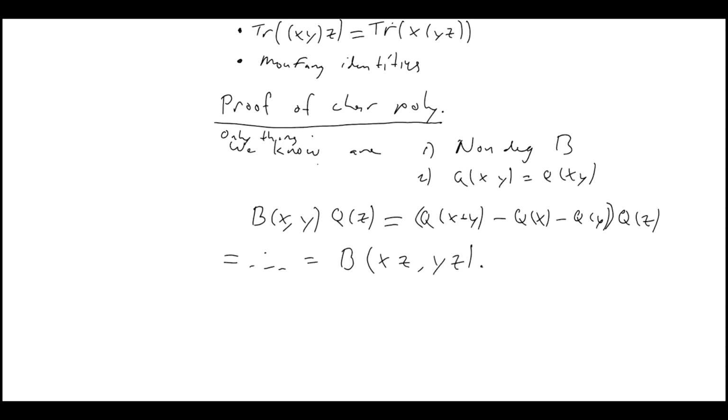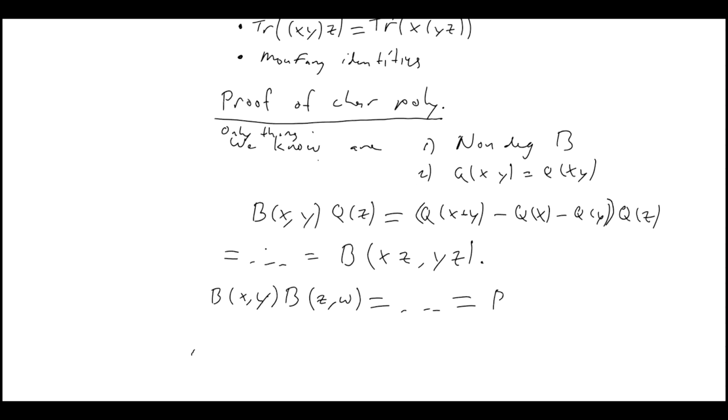All right, and so we can do this again, replacing the quadratic form by another bilinear form, with z, w. Okay, so now we can do this twice. There's some algebra, let me not bother with that. And what pops out on the other side is the following expression.